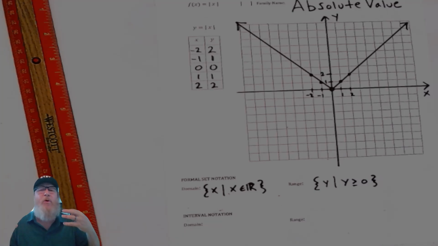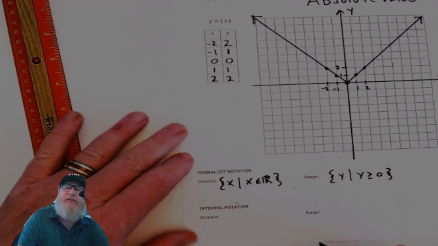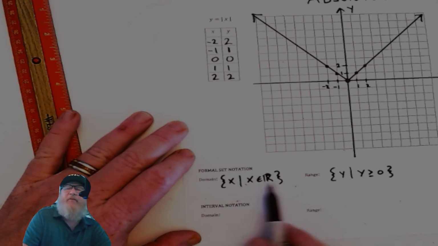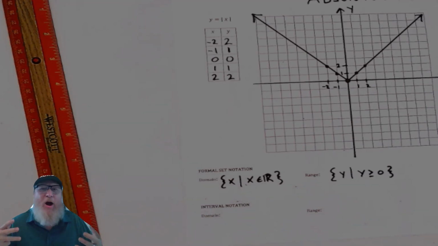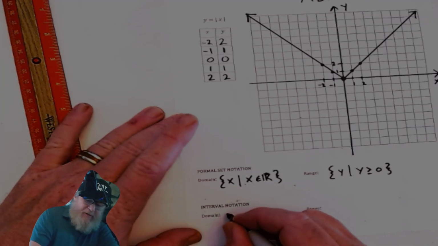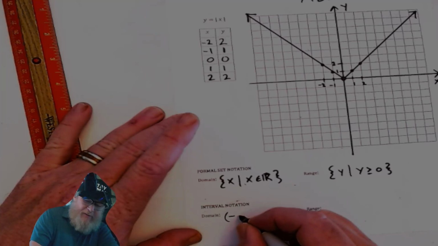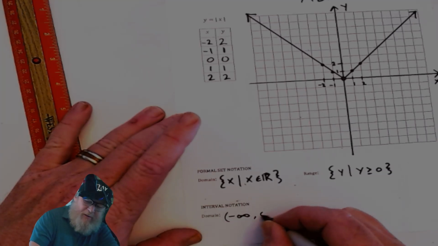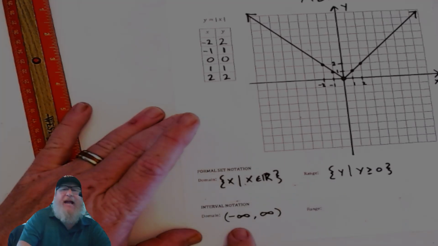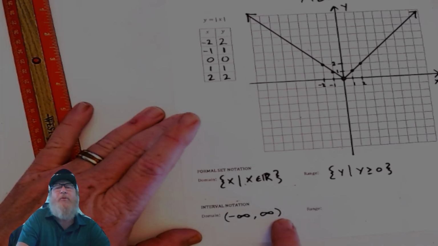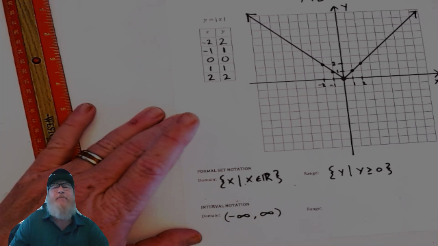We have a more sleek or slick modern notation called interval notation. I think of the formal set notation as very proper, very old-fashioned. And then we've got a sort of 20th, or now the 21st century version of the answer. Negative infinity, comma, infinity with open parentheses is the domain.